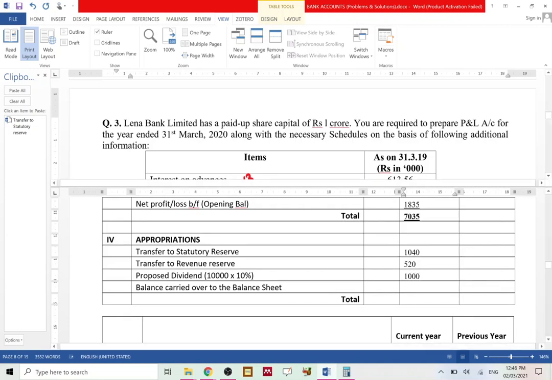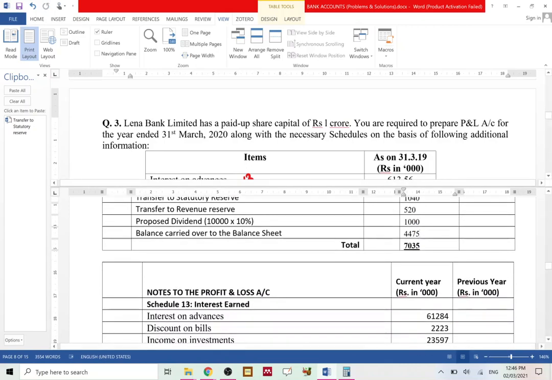Done. Now what happens to the balance? Our total profits are 7035. From this 7035, we have transferred to statutory reserve this much, revenue reserve this much, paid dividend of 1,000. Whatever balance remains, which is 4475, that goes to your appropriation. That is, it goes to the next year's balance sheet, right?